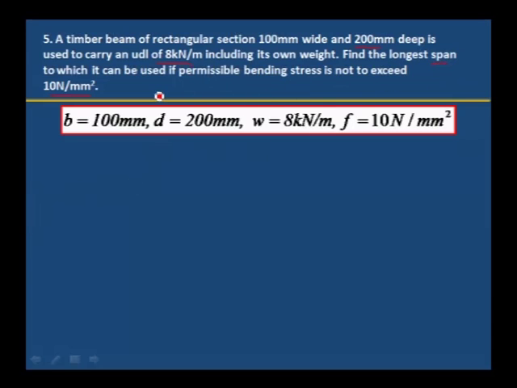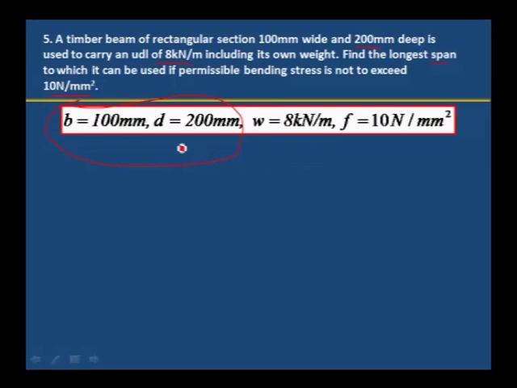If you want to determine the span, in which formula will it be there? M is equal to WL square by 8, because it is a simply supported beam carrying a UDL throughout its span. For WL square by 8, we should know M. To find M, we use the formula M is equal to Z into F. Z can be determined from B and D: 1/6 BD square gives the Z value.